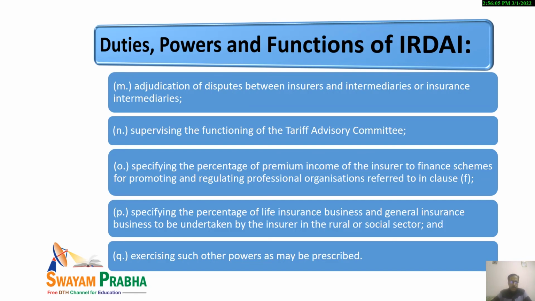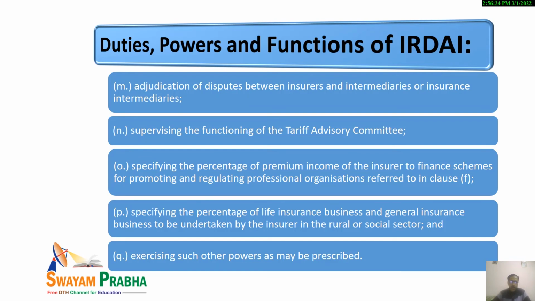Then, IRDA is empowered to specify the percentage of the life insurance business and general insurance business to be undertaken by the insurer in rural areas or the social sector.